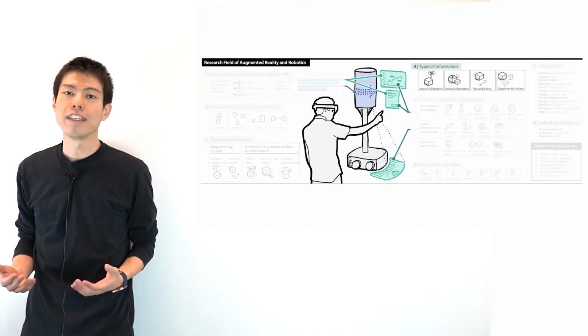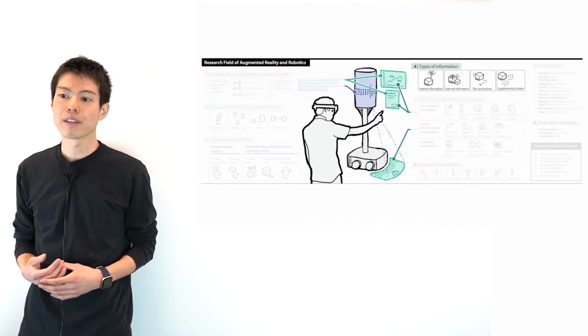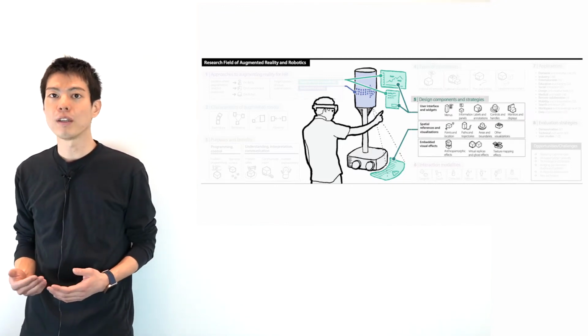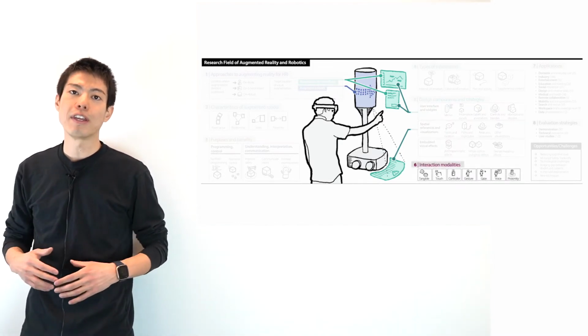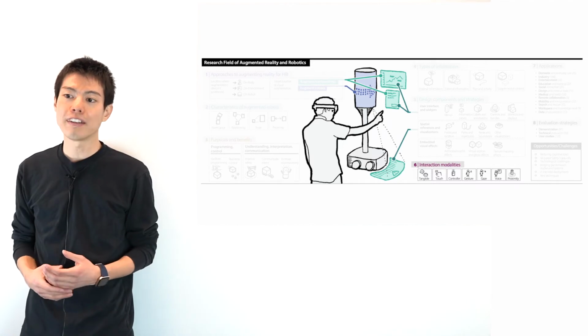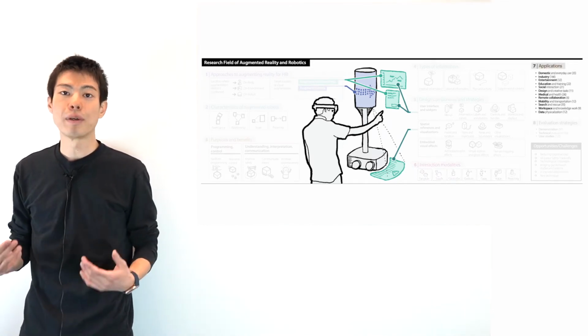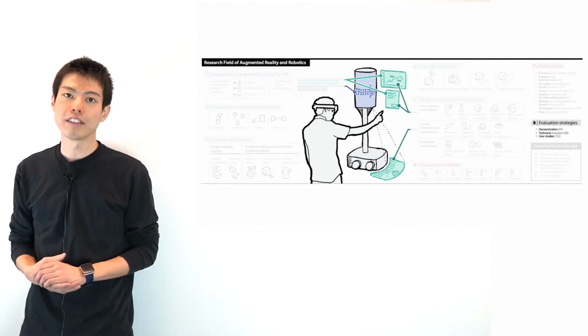The fourth one is the classification of the presented information. And fifth, we have design components and strategies for visual augmentation. The sixth, we have interaction and interactive modalities. Seventh, we have application domains. And also we have evaluation strategies.